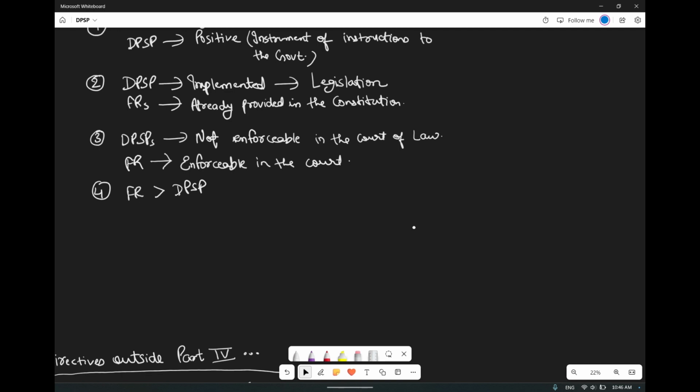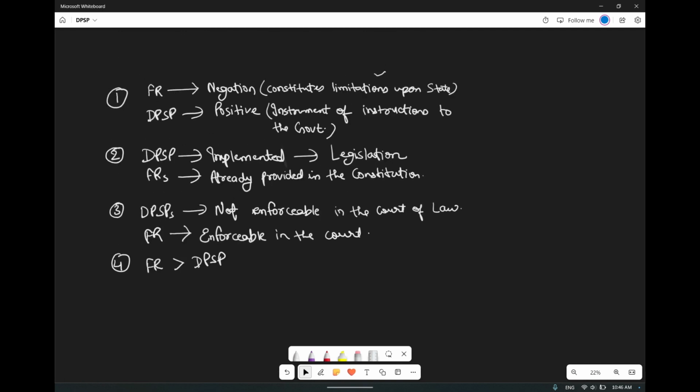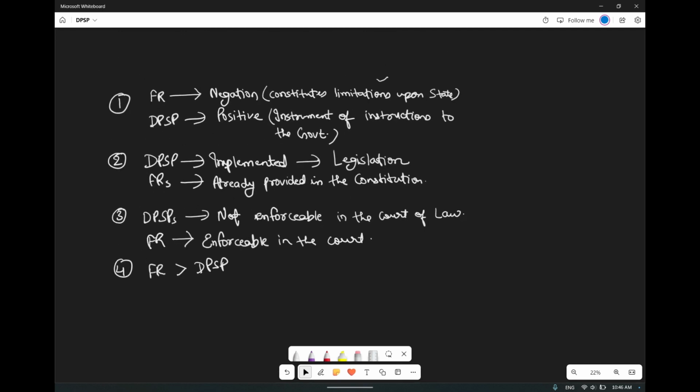So that was the conclusion that was made, and we'll see how all these things happened. These are the common differences between fundamental rights and DPSP.